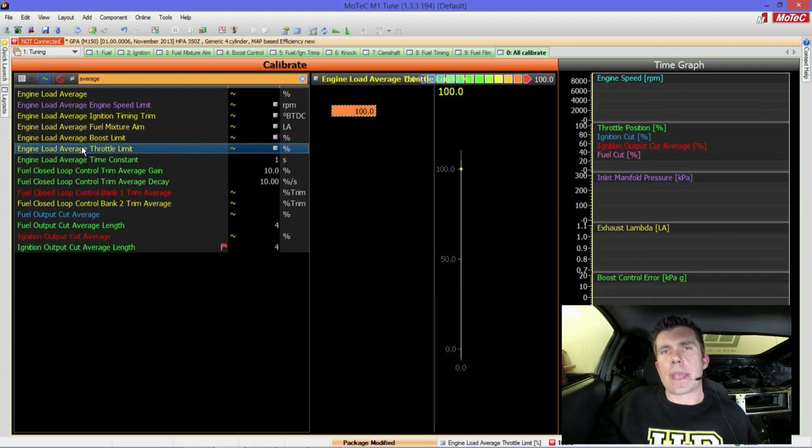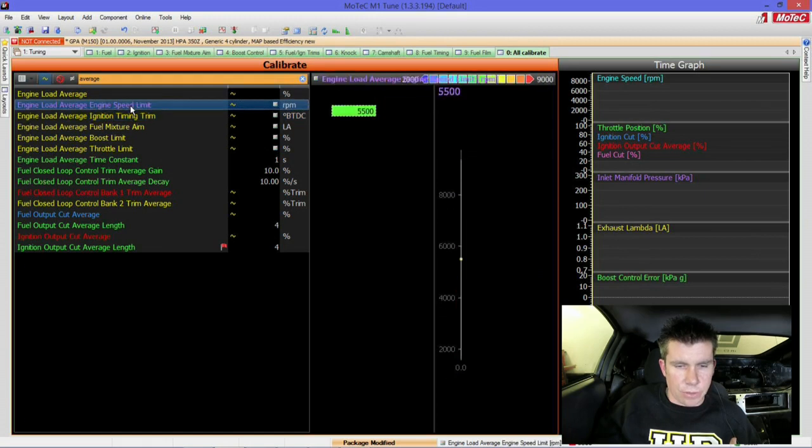What happens is a background calculation going on inside the Motec M1, calculating what percentage of the time the engine is under high load, and that's constantly being updated. So if we are really driving the car hard, at full throttle all of the time, that engine load average continually increments and the number gets higher and higher, and we can use that as an input for any of these tables. So there's a few things we can do here.